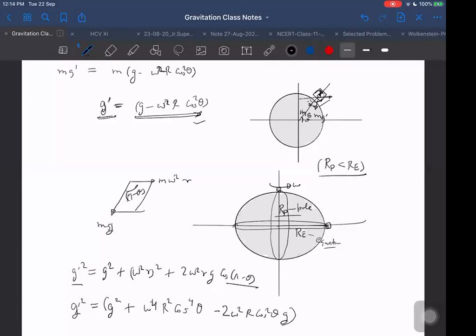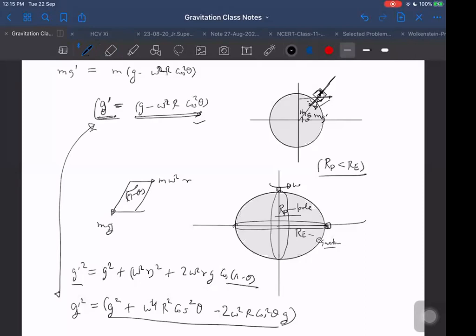Omega power 4 r square cos square theta, right? So we are not getting the same. Last time I took only the radial line. This time I'm taking the whole resultant, and these two cannot be the same, so there will be a slight difference.